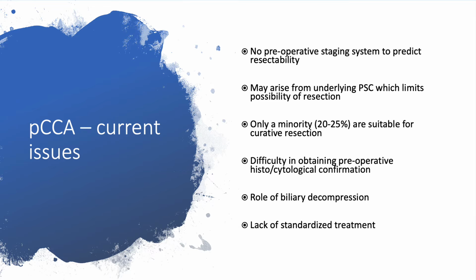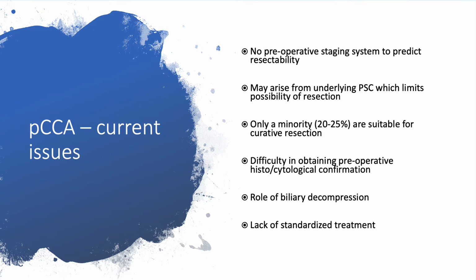With regards to the issues around this, firstly, there is no preoperative staging system to predict resectability. Secondly, it often arises in patients with chronic inflammation such as PSC, which is associated with an impediment to the underlying liver synthetic function, which does limit resectability.